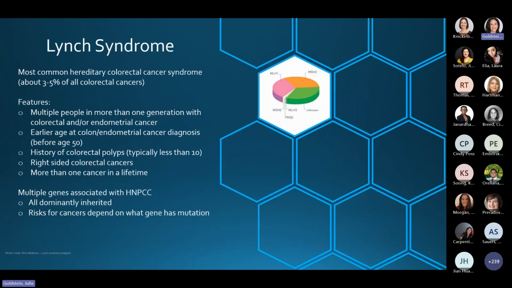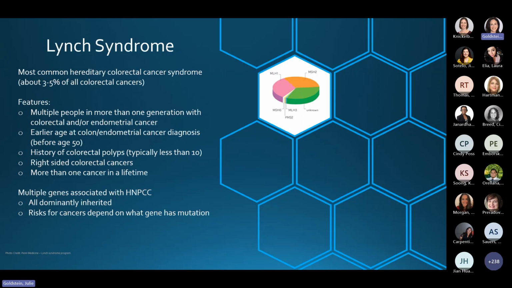First, I want to talk about Lynch syndrome. This is actually the most common hereditary colorectal cancer syndrome, and in general, the most common hereditary cancer syndrome. About 3 to 5% of all people with colon cancer have Lynch syndrome.